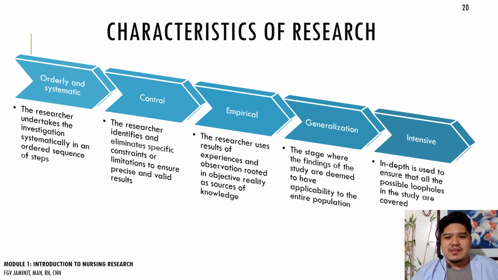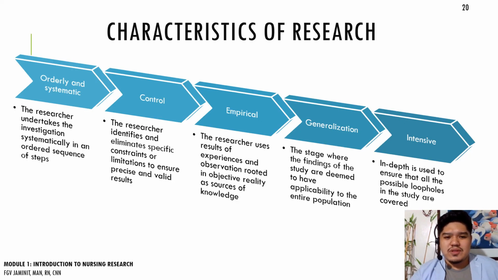There are five characteristics of research: orderly and systematic, control, empirical, generalization, and intensive. When we say orderly and systematic, the researcher undertakes the investigation systematically in an ordered sequence of steps.